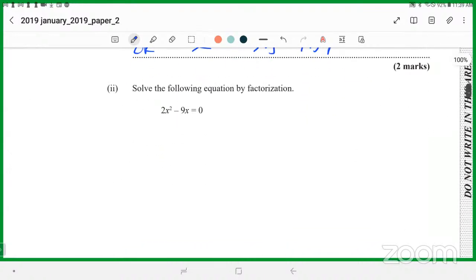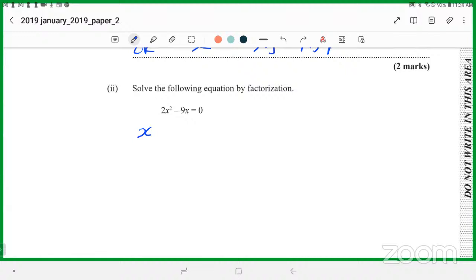This one wants us to solve this equation. It is sort of quadratic, but it's only 2 terms, so we don't need the long process of factorization. I'm going to factorize it still. The common factor in these 2 terms is x. Don't divide it out, you must never do that, and it says by factorizing, so it's actually helping you.